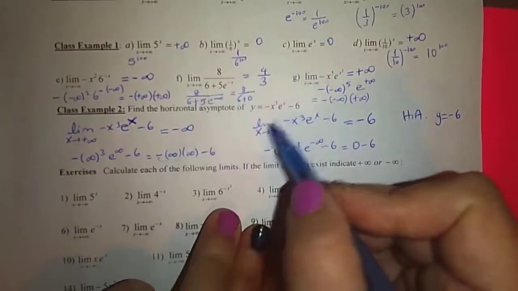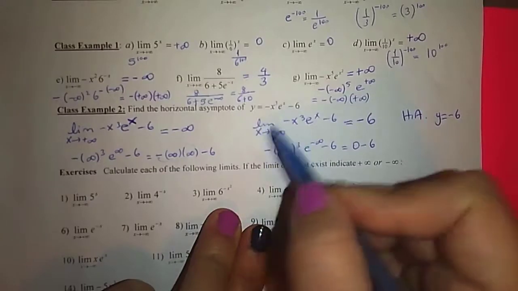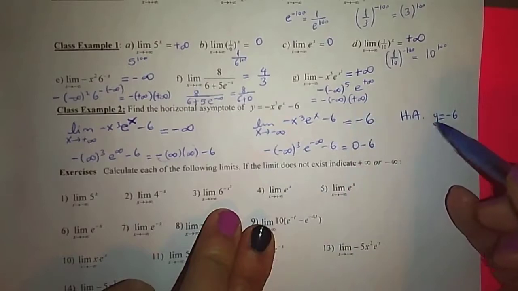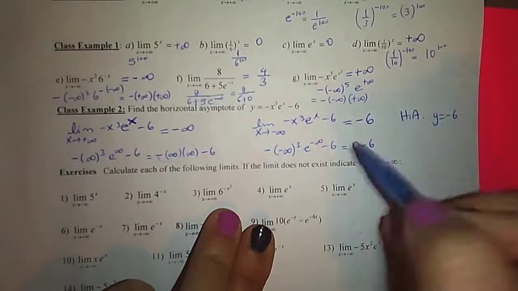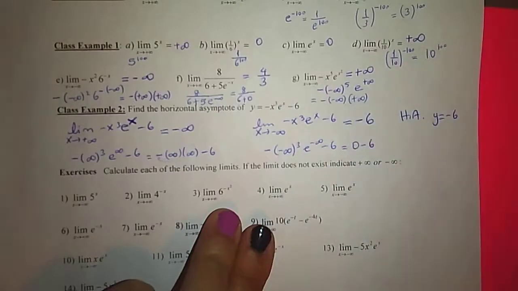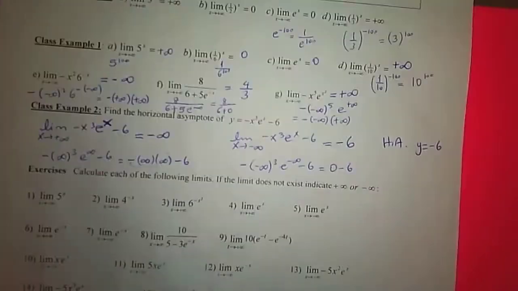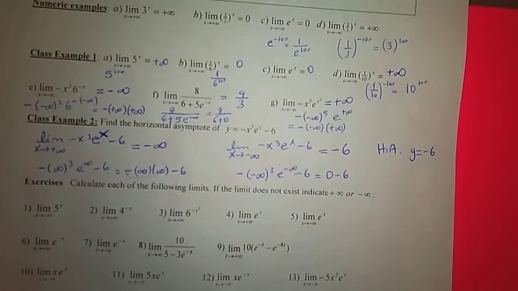But when we look at the left end of the graph as x approaches negative infinity, we get negative 6. So this function approaches this horizontal asymptote on the left end of the graph. Now you can practice these limit questions here, and then we are going to look at optimization problems involving exponential functions.